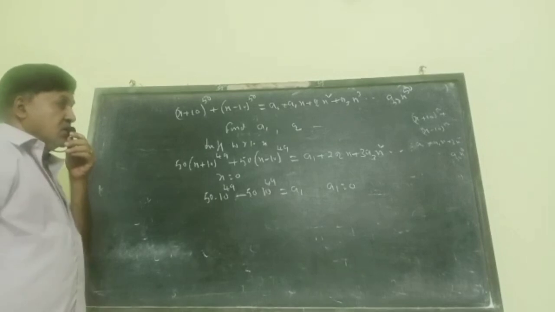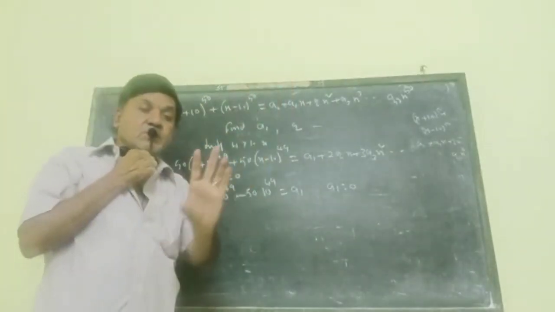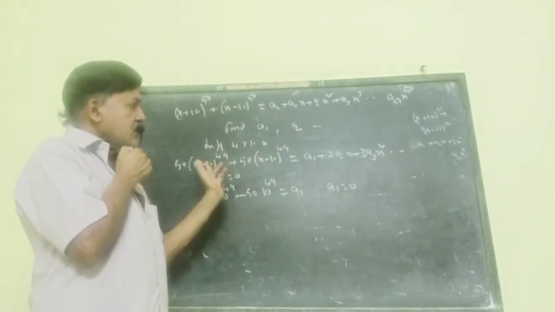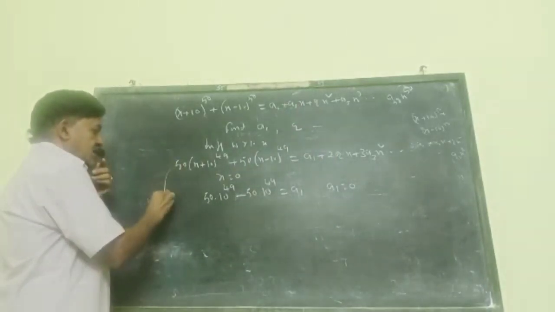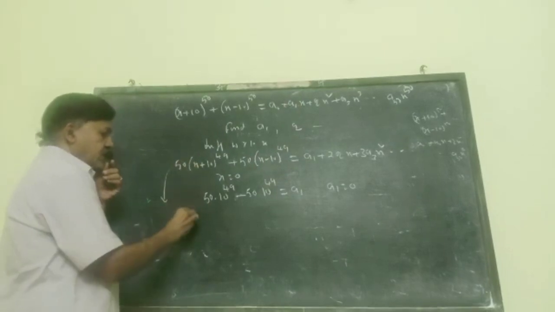Yes, understood? So if you want to find the x coefficient, differentiate on both sides, put x equal to 0, not 1, sorry. If you put x equal to 0, directly you will get like this. Now you take this. In order to find A2, once again differentiate.